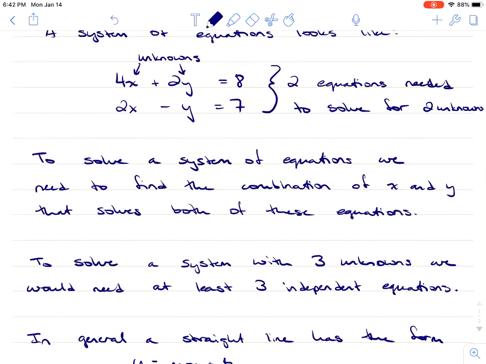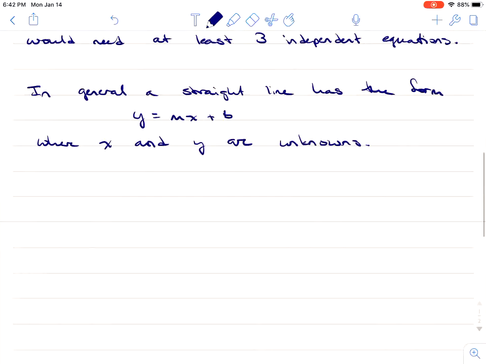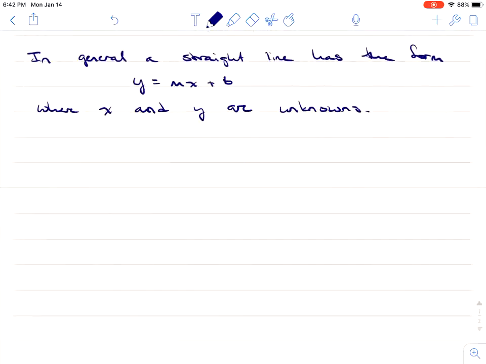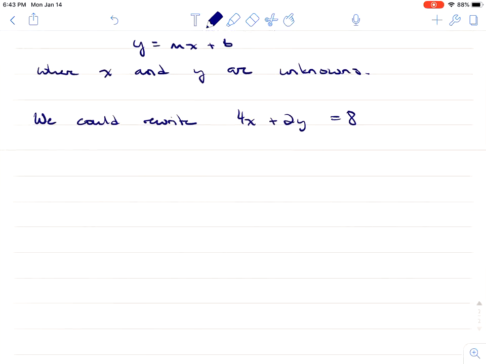We won't, but we could rewrite 4x plus 2y equals 8 as what? 2y equals 8 minus 4x. This is where our math manipulation skills come in handy.